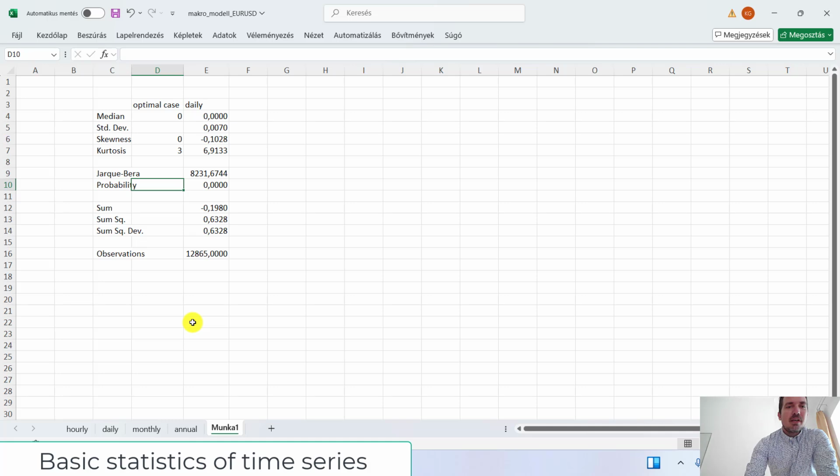Also, the Jarque-Bera is the normal distribution test. So its probability should be bigger than 0.05. And this is a backward statistic, so right now it fails miserably. It always fails.